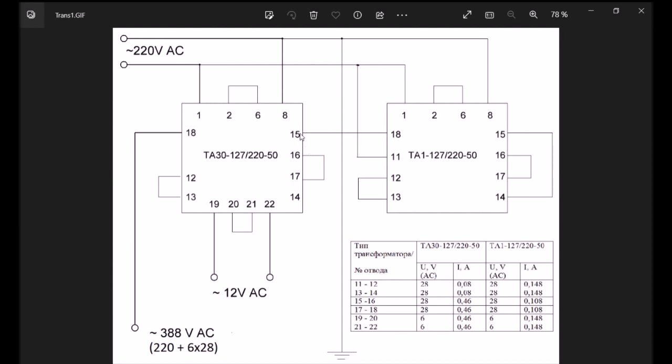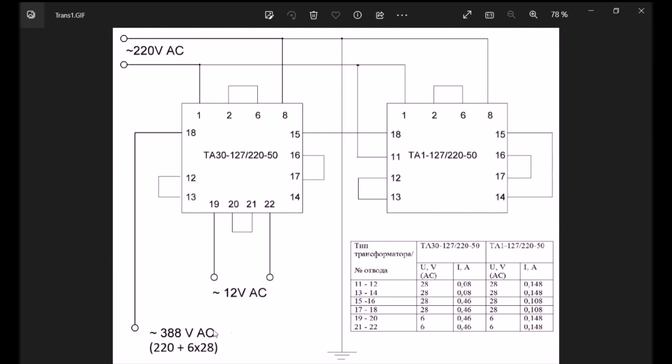Then we connect it to the first transformer, TA30, and we also get 2 secondary windings of it, and on the outlet wire we obtain 220 volts of initial AC and 6 times 28.